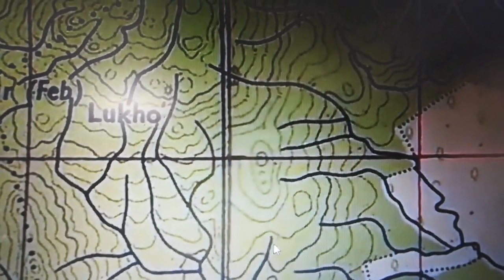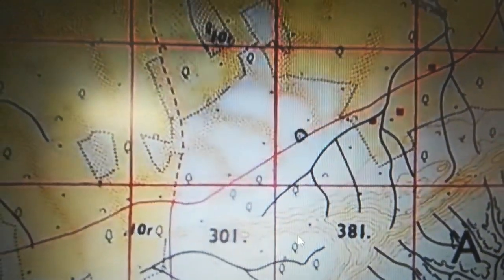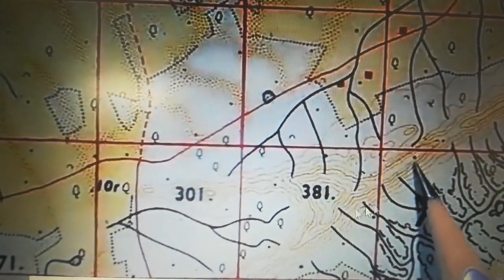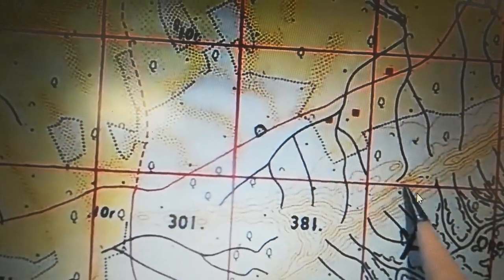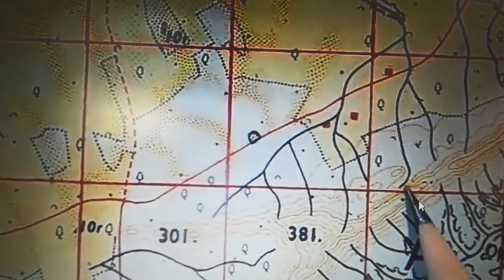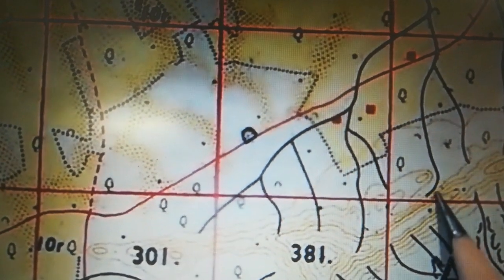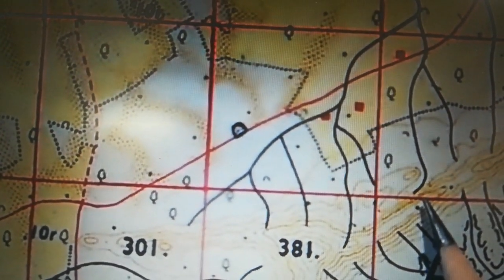Yes, this is a gentle slope, and here we can see the steep slopes, very close, not that much distance. Okay, I think you understood.